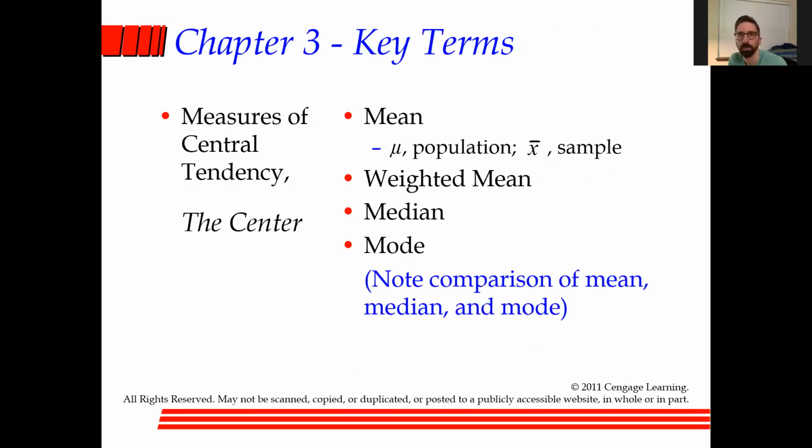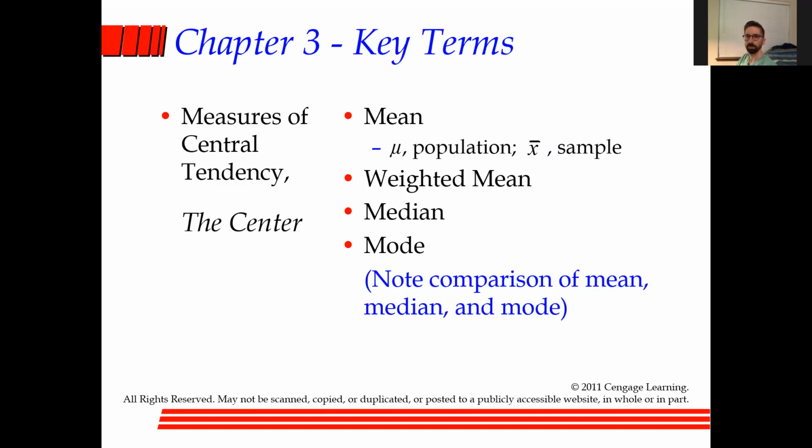Now, just for your information, Greek letters are used for population parameters. We use the word parameter to refer to the summary statistics for a population, and we use Greek letters for them. We use English letters, maybe with some notation, to represent sample statistics.